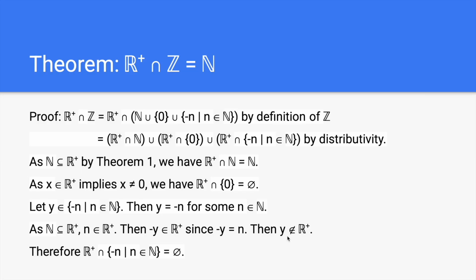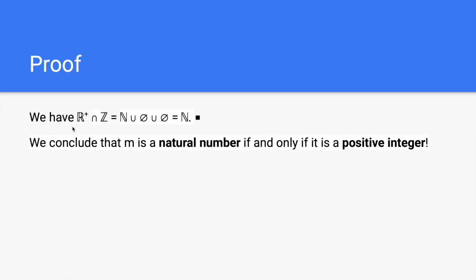Then y does not belong to ℝ⁺. Therefore, ℝ⁺ intersect the set containing negative n such that n is a natural number is actually an empty set. We have ℝ⁺ intersect ℤ equal to ℕ union empty set, which is equal to ℕ. We conclude that m is a natural number if and only if it is a positive integer.